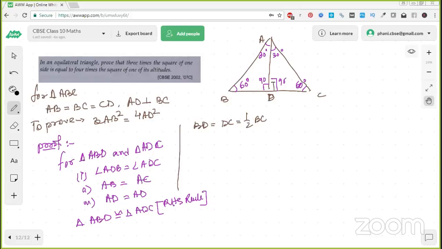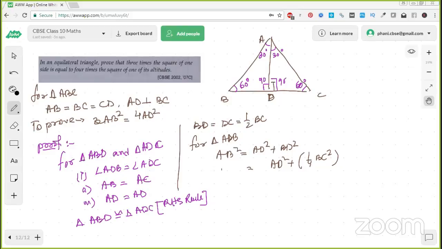Now, for the right triangle ABD, we can write AB square equals AD square plus BD square. So we can write AD square plus BD, which can be written as 1/4 BC square because BD is half of BC.